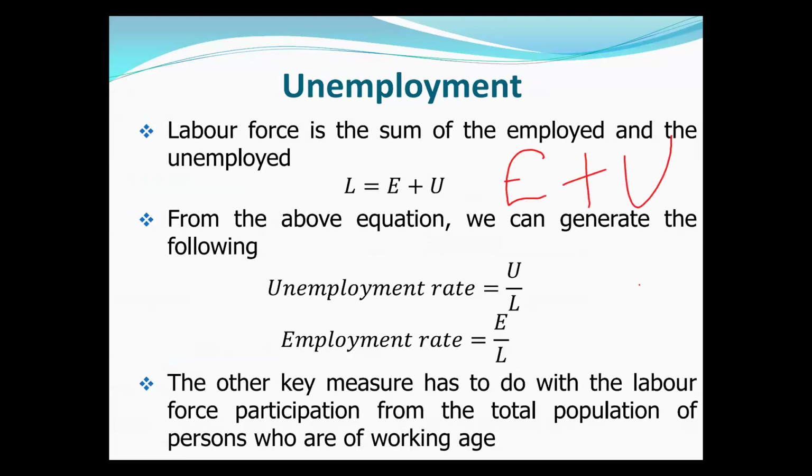The unemployment rate is the number of unemployed people divided by the total labor force. And the employment rate is the number of employed people divided by the total labor force.